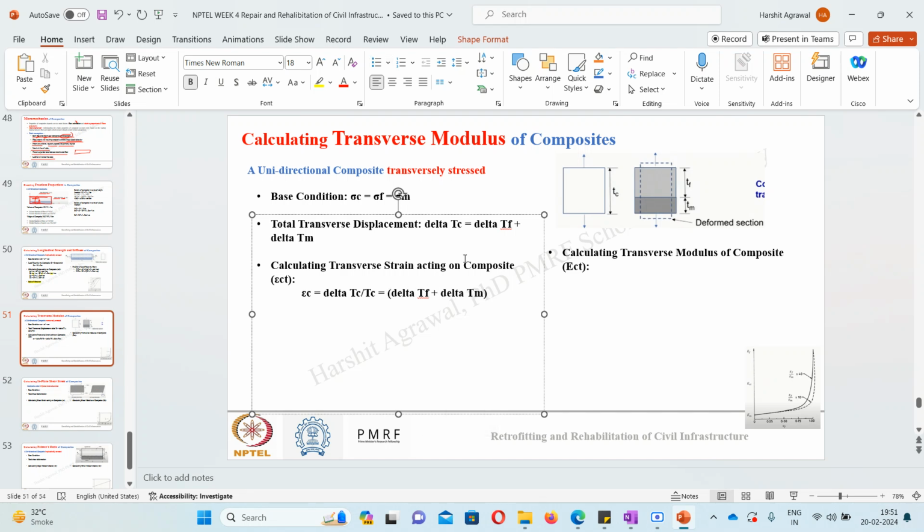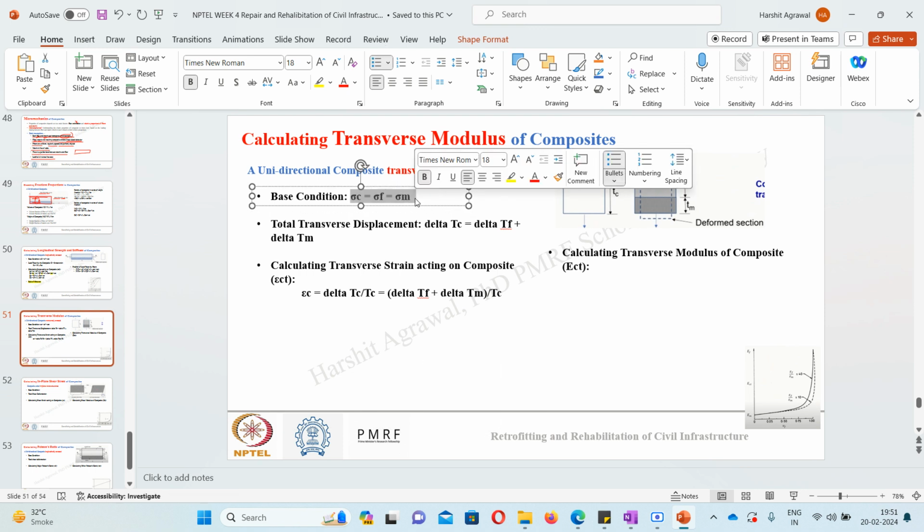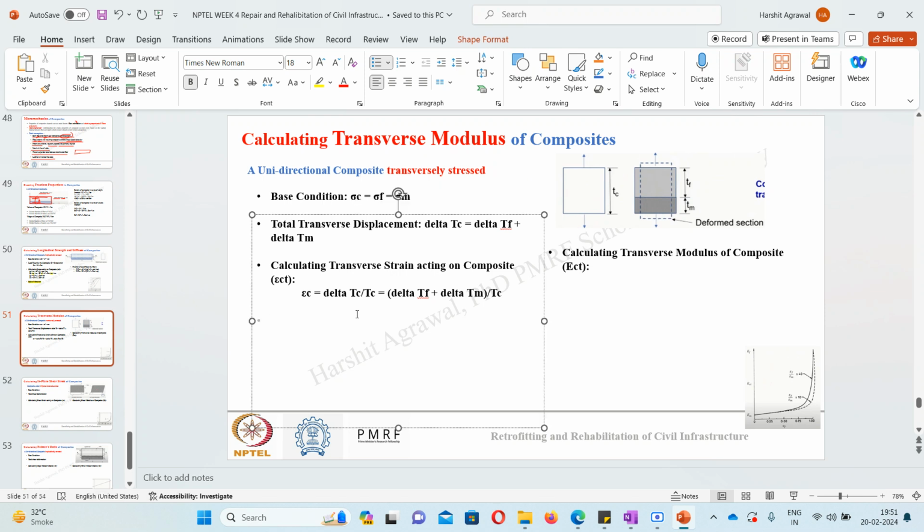Now, I want to get this equation in terms of strain values so that I can fit this relationship. How can I do that?